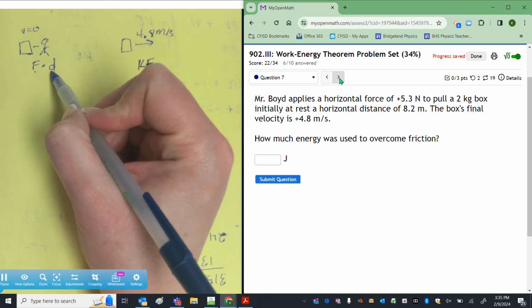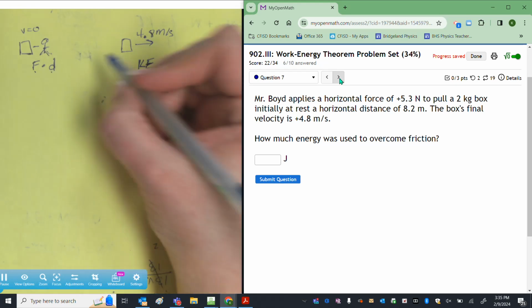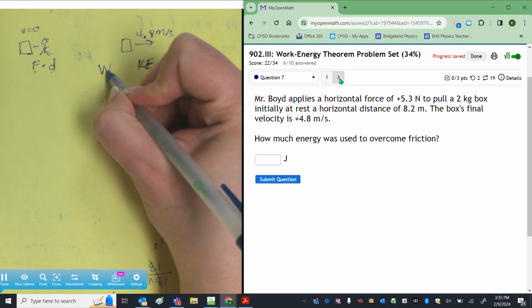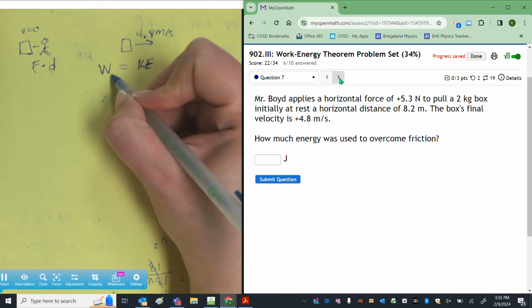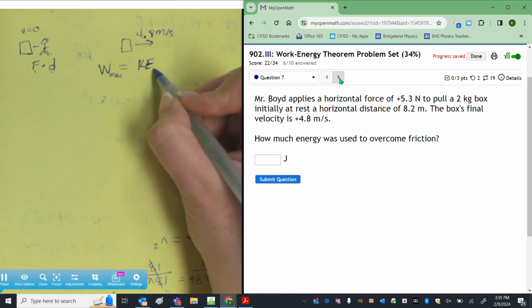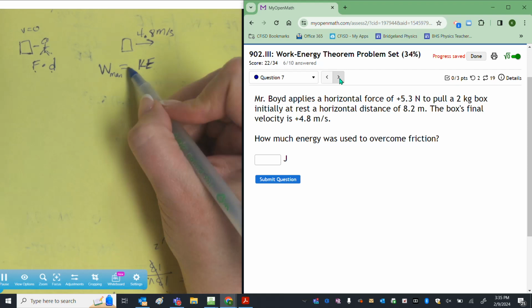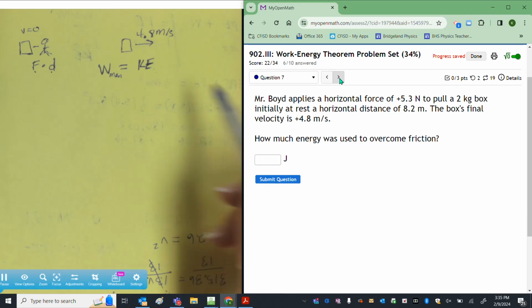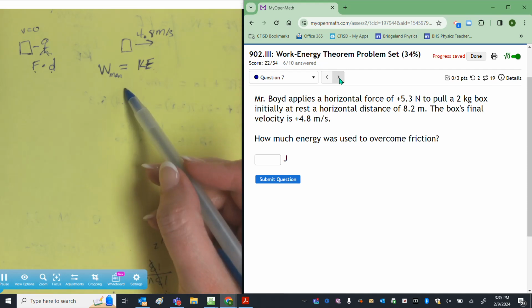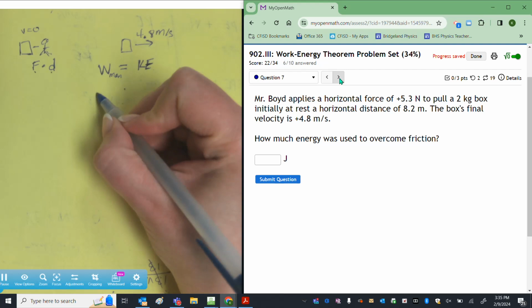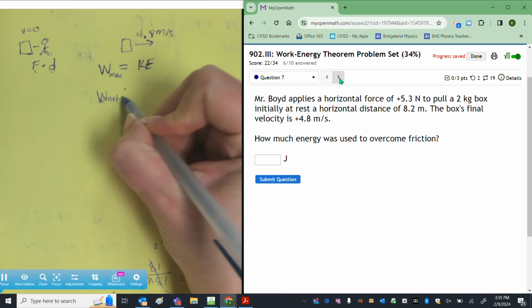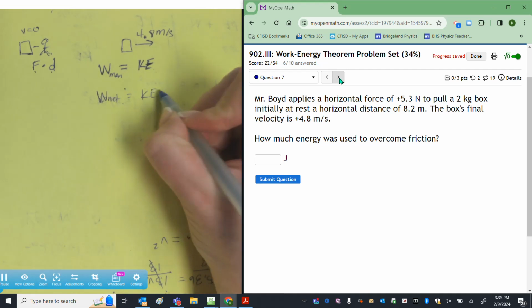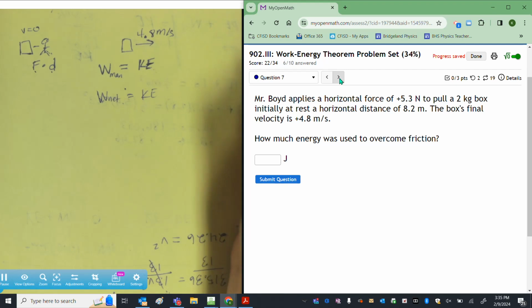He's doing work. That work that he did could be equal to the kinetic energy at the end. Or they could be 2 different numbers, in which case you would have energy that had to be used to overcome friction. And that's the question. So you could, again, the actual equation is usually net work equals KE in this case, because there are 2 different things doing work.